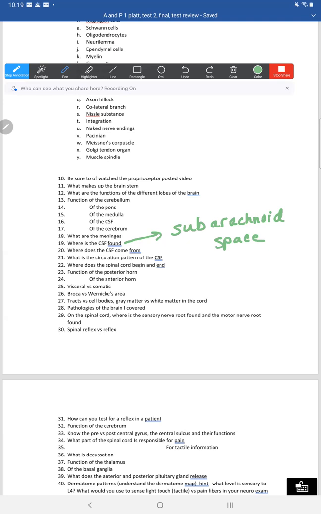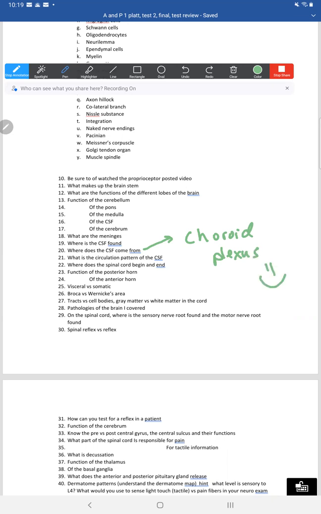Okay, in the subarachnoid space. Where does the cerebrospinal fluid come from? Good, choroid plexus.